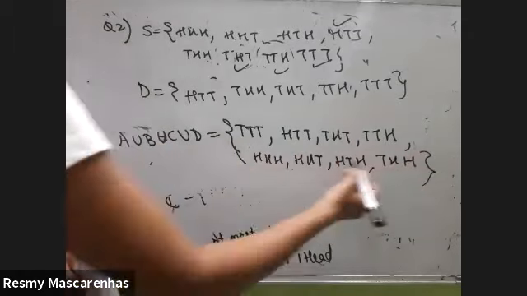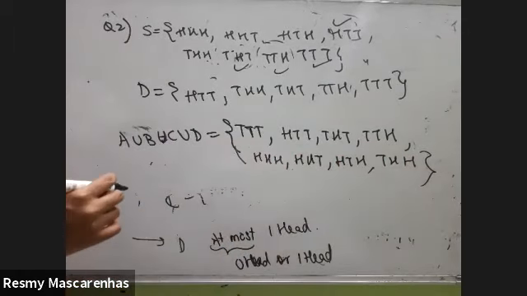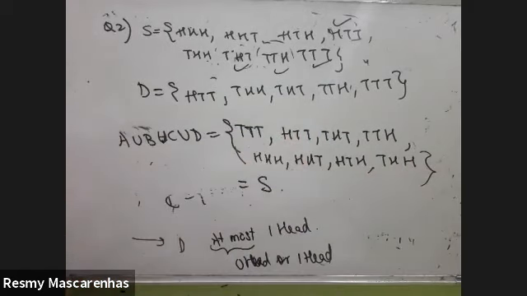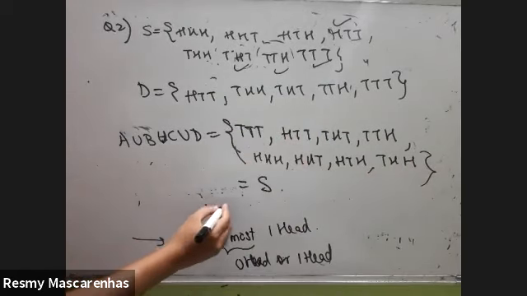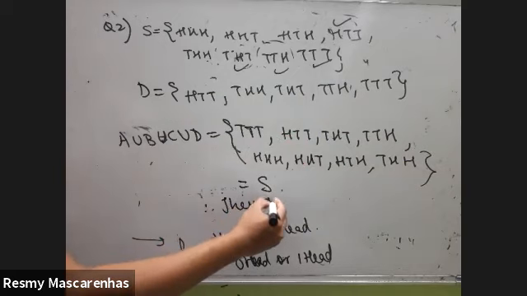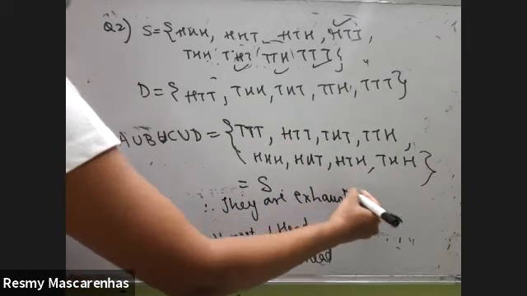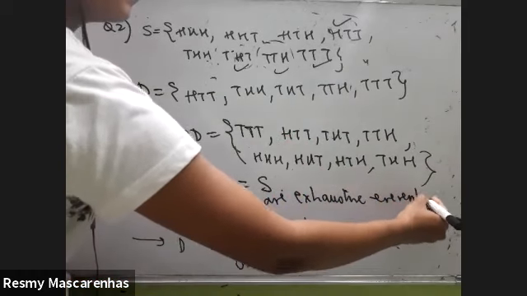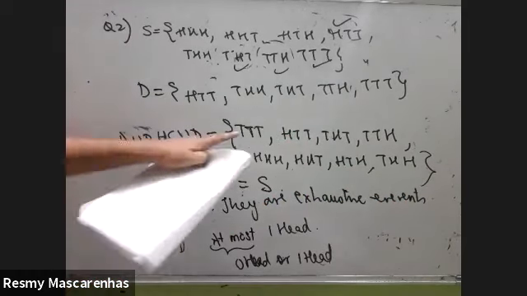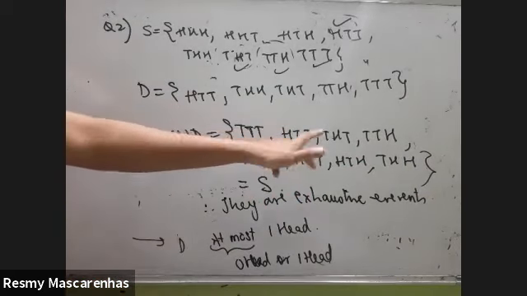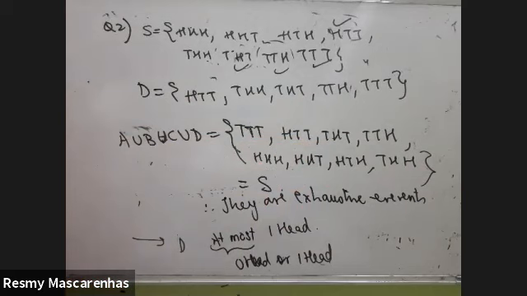So all the elements are there if you notice. So it's equal to your sample space. Therefore, they are exhaustive. So this whole thing is equal to your sample space. Order will not matter as long as all the elements are there.